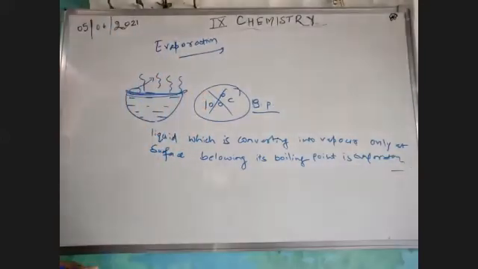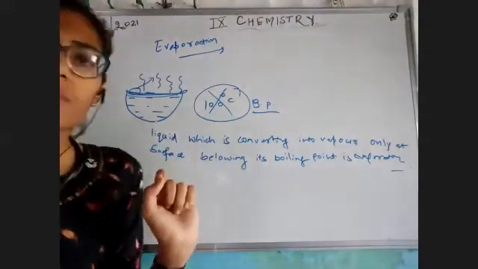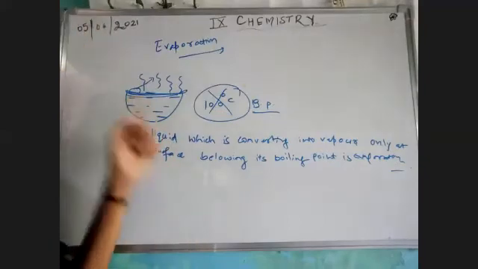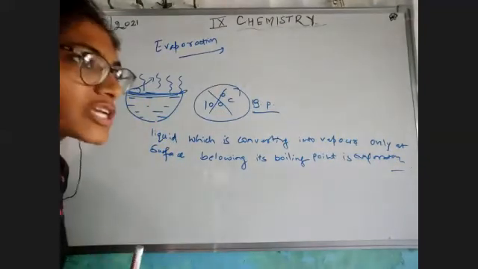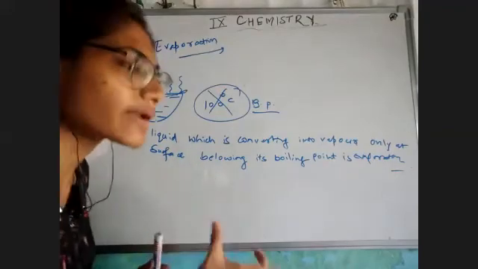That means we have not provided that much temperature that it has reached the boiling point. Still water from the surface area is easily changing into water vapors. That particular process is known to be evaporation.